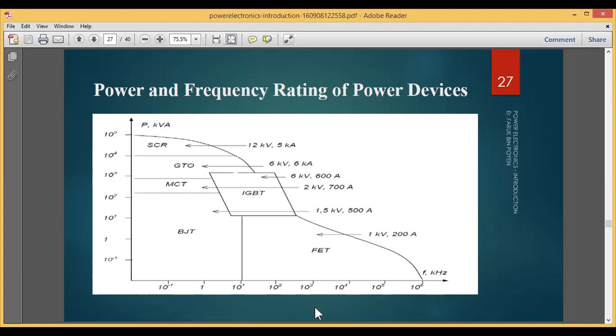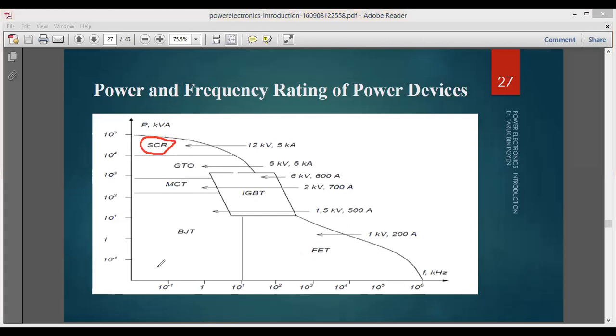Look at this SCR at a very low frequency, 10 raised to minus 1, you get a very high power, in kilovolt amperes, or in watts, 10 raised to 5. So the SCR gives a very high power rating.